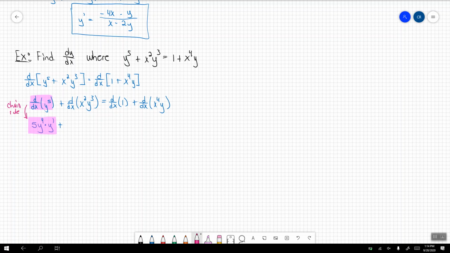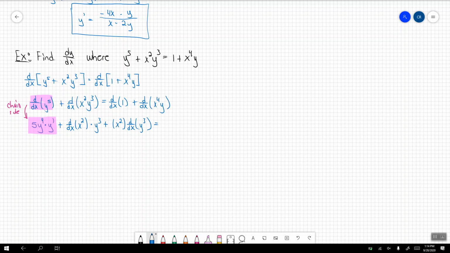There we are. For the second term, we're going to take the derivative, but here we need to apply the product rule. In applying the product rule, we take the derivative of the first function multiplied by the second function, plus the derivative of the second function multiplied by the first function.